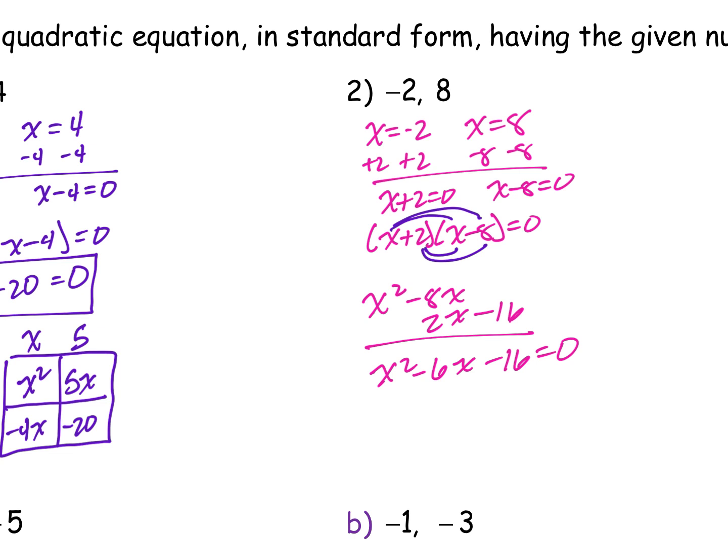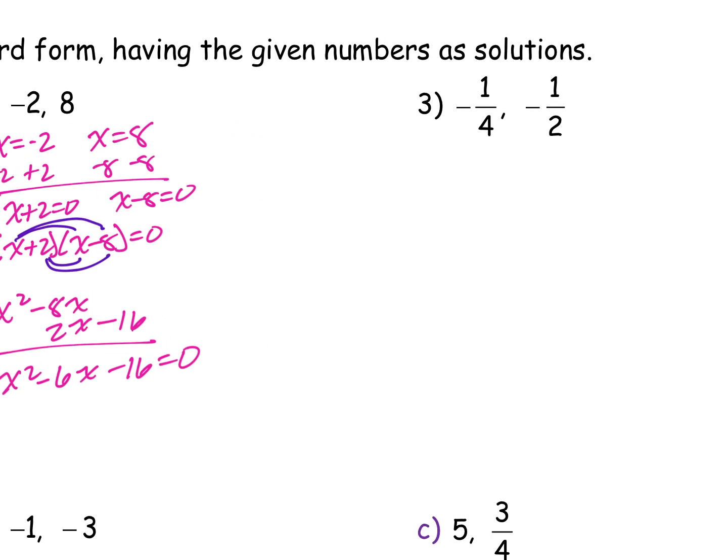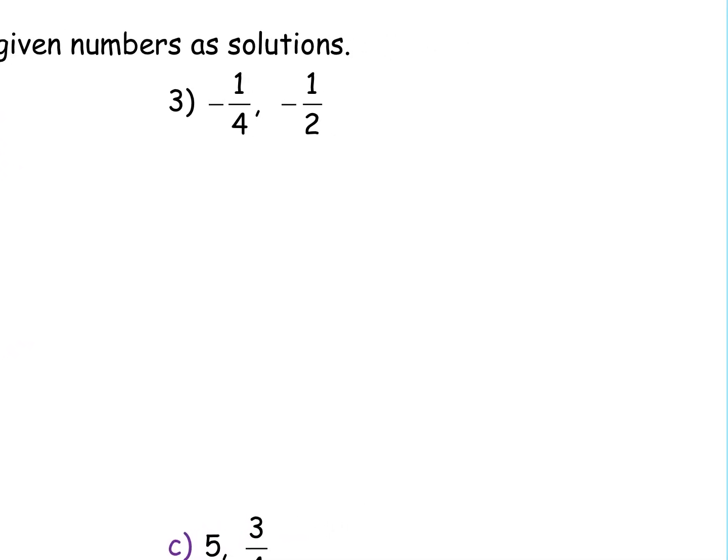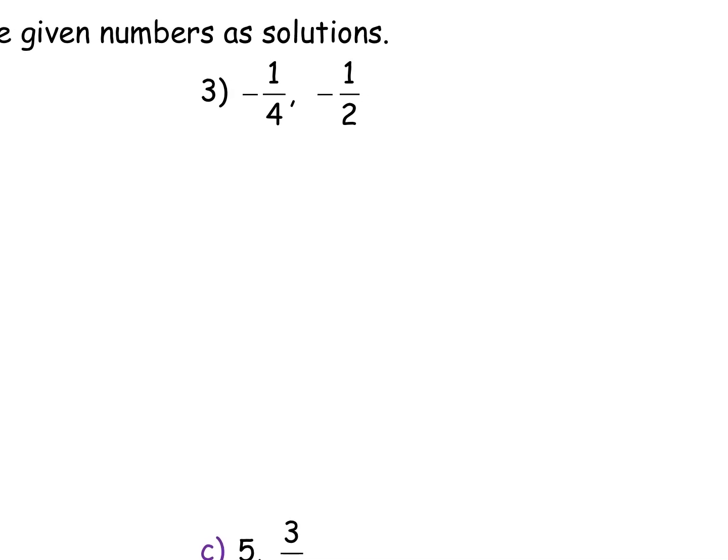Awesome sauce. The next one is a little teeny bit harder than this because my answers are fractions. Yay, love fractions. I know you guys do too. Okay, but I'm still setting it up the same way. So I've got x equals -1/4 and x equals -1/2.